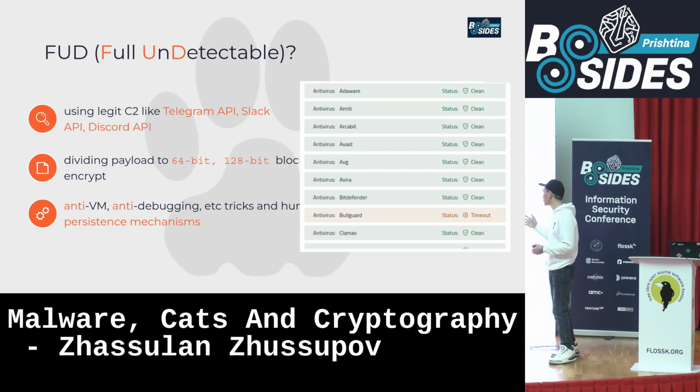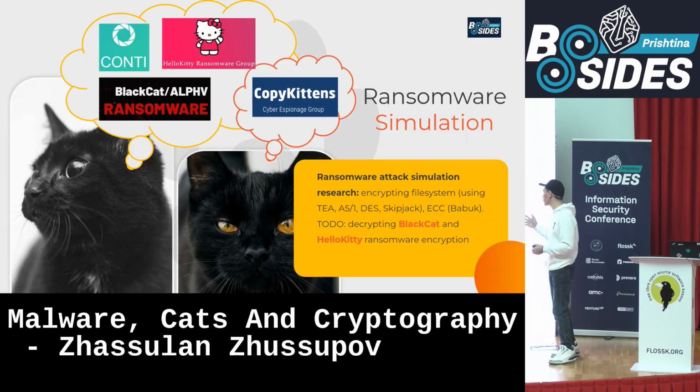And for example, let's say that there's fully undetectable malware in this case. But what about ransomware? Okay, we can encrypt payloads, we can encrypt strings, we can encrypt everything in malware. But can we use these strange algorithms and classic encryption for simulating ransomware attacks in real life?